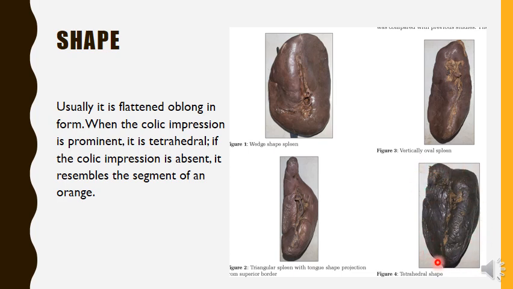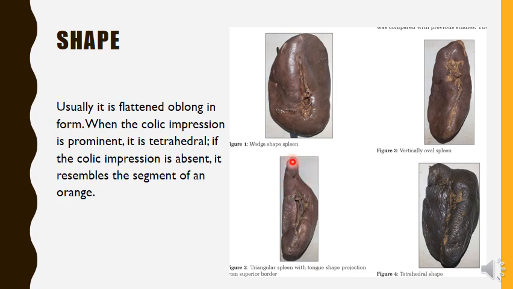And sometimes the colic impression may be absent, or it may not be that prominent. Then it resembles a segment of an orange like this. Other shapes that we'll see of the spleen are the wedge shape, and sometimes a tongue-like projection is seen from the superior border.